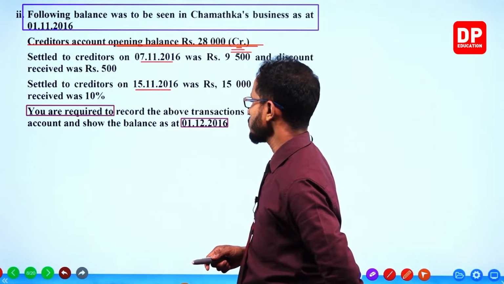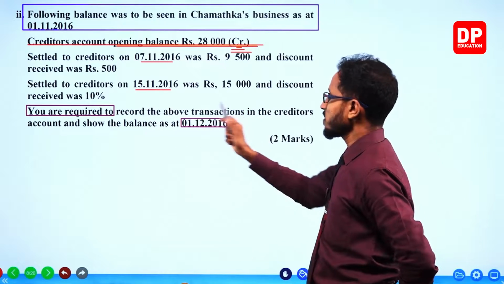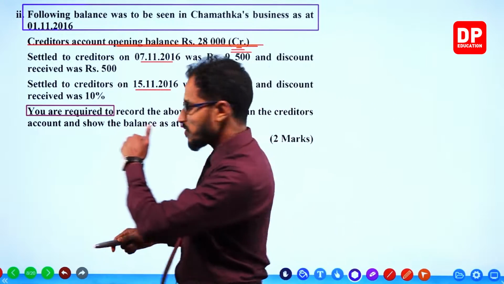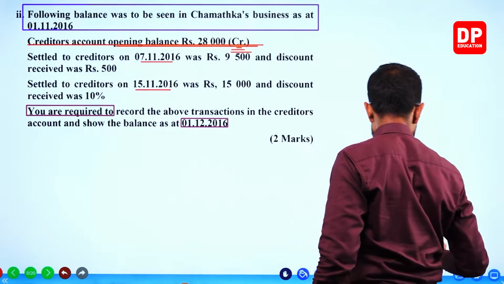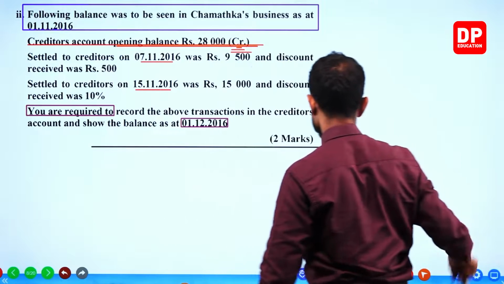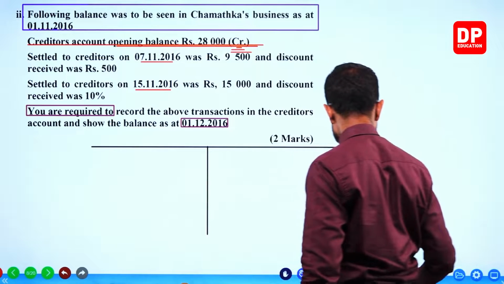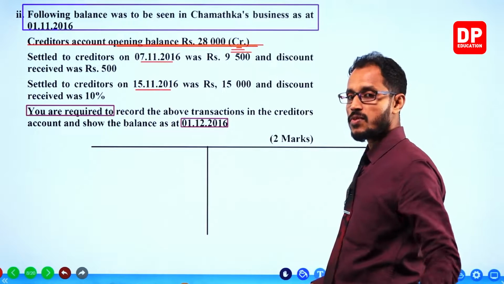We just have to record the above transactions in the creditor's account. So draw the creditor's account. It is just a T account, children. Easy peasy, lemon squeezy.